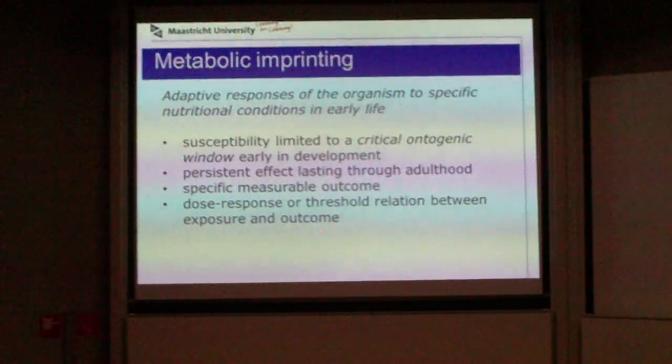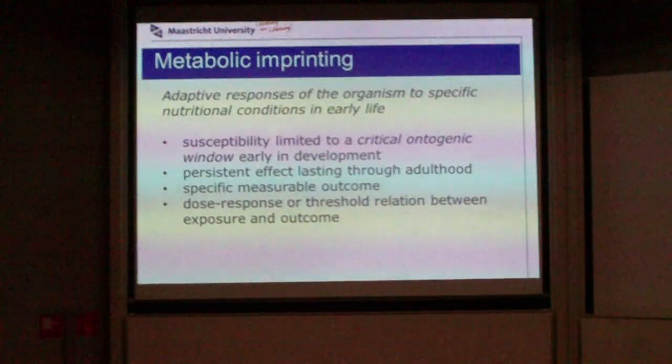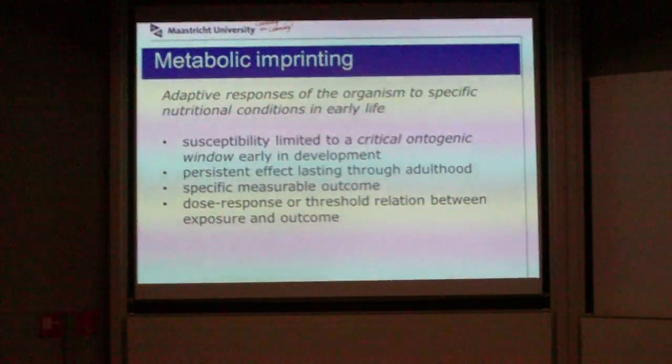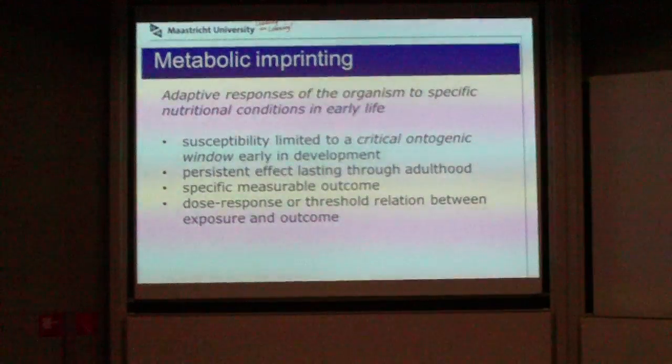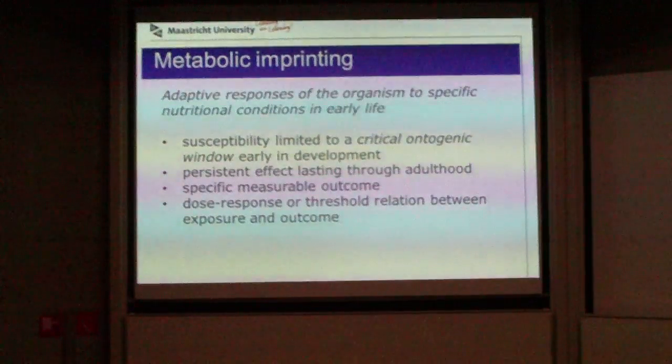Often dose response related, or sometimes you need a certain threshold, and it has to occur in a very specific time window during the development, a critical window, where the development of the fetus is very sensitive for this.